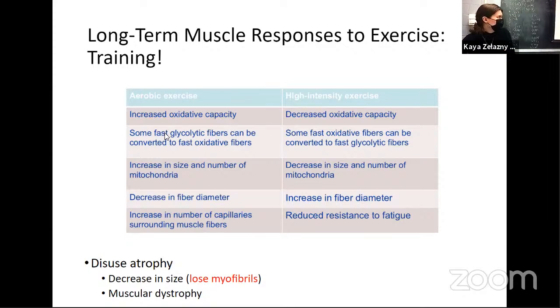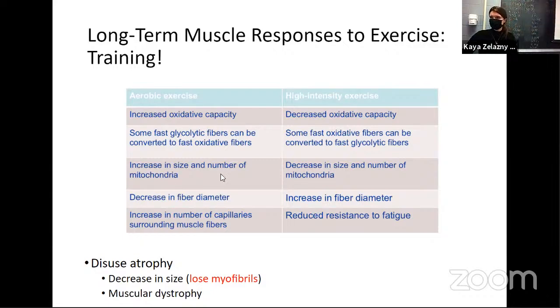So notice that we're converting a fast fiber to a fast fiber. So what we can change is the number of enzymes, the number of mitochondria. What we can't do is convert what type of myosin we have. So we have to convert fast to fast because that has to do with what type of myosin is present in that fiber. But the sort of cell machinery we can vary.